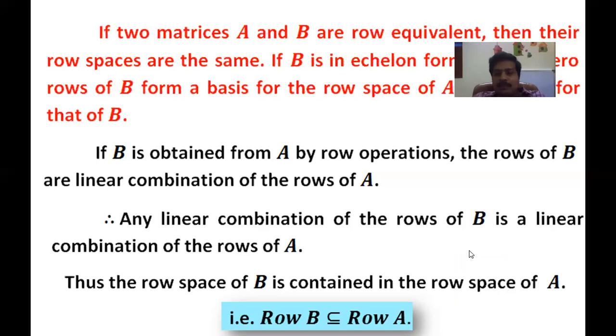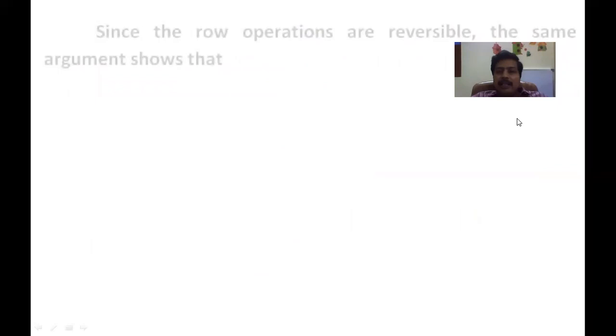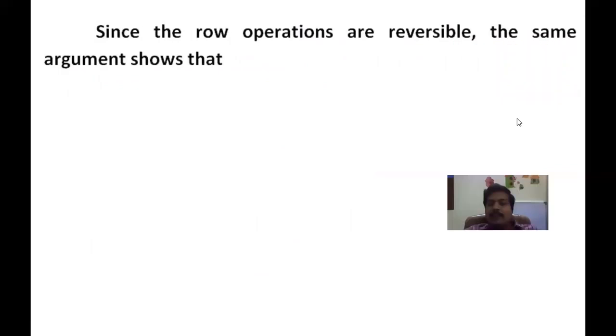So all the vectors which can be spanned by using the row vectors of B can also be spanned by the row vectors of A. So the row space of B is contained in the row space of A. That is what is written here symbolically. And the elementary row operations are reversible.